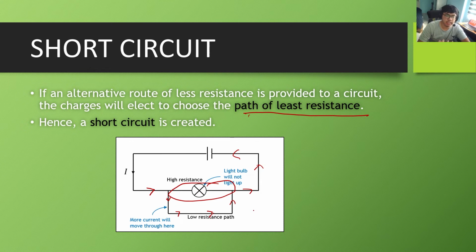And because there's less current flowing through to the light bulb, it will not light up, and the circuit will not work as intended. So this is what we call a short circuit. It's basically when the current uses a shortcut that we do not intend it to use, and the circuit doesn't work. So a short circuit is quite a common electrical fault in circuits.